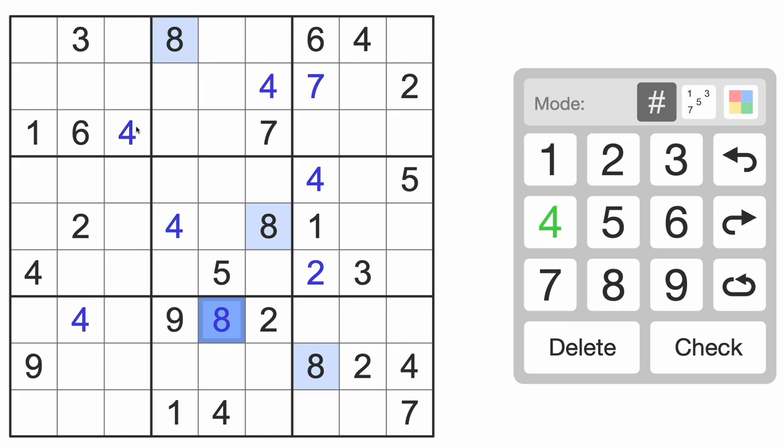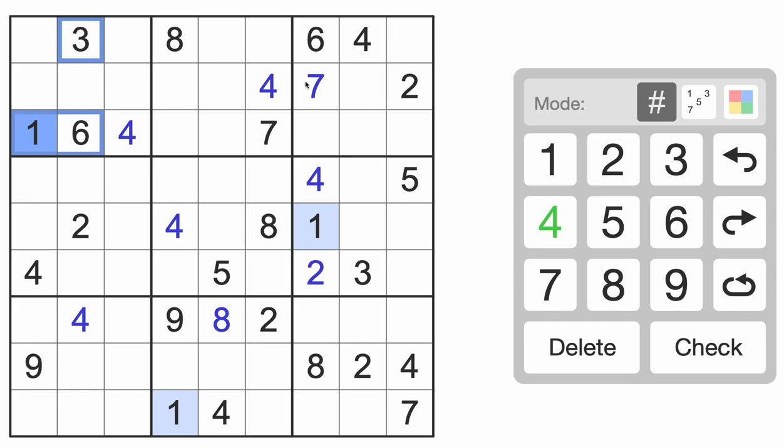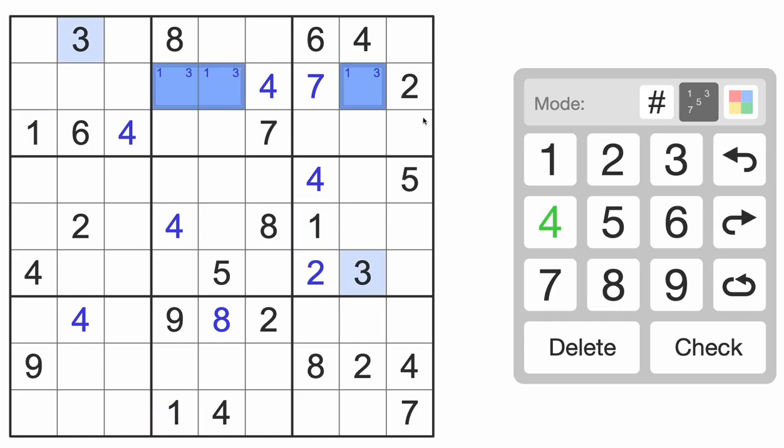Okay, looking at row 2 and box 1. Box 1 has 1, 3, 6, which have not been placed on row 2. And because they cannot go in here, they will have to use these 3 cells. And here's 3 and the 6 that block this cell. That gives me 1.